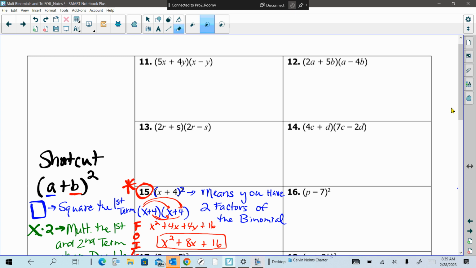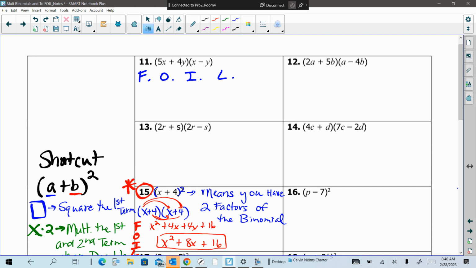So on the second page, it's the same method. You're still using FOIL. It's just that now in our binomial, we're going to have 2 different variables. So we're still going to follow the same method. If you want to write it out so you can line up your parts, you can. But you just got to watch your variables.